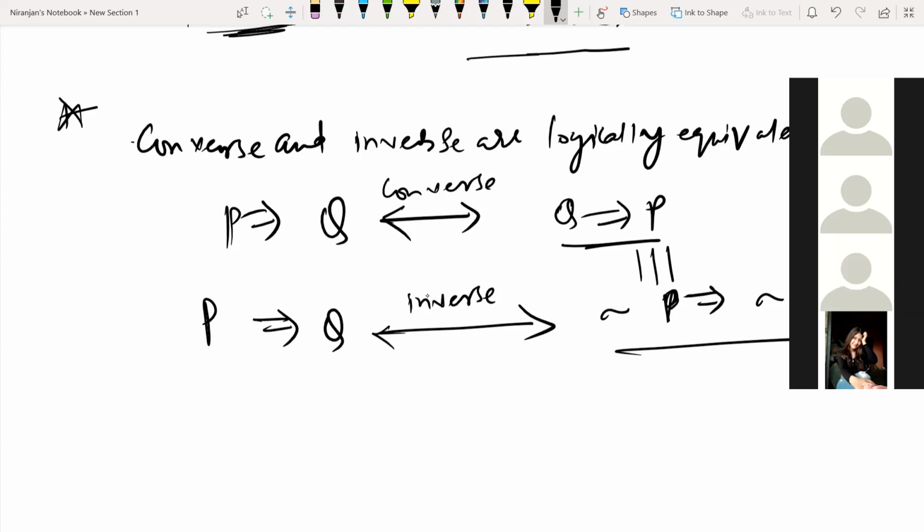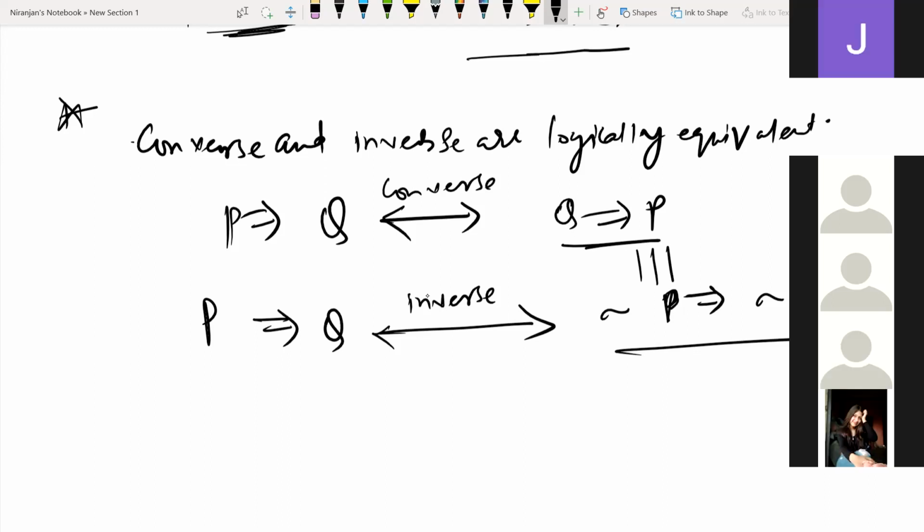Sir, repeat the question. Are you fully aware now? Yes, sir. Okay, I am asking why you think converse and inverse are logically equivalent for a conditional. I am saying you need to think about this intuitively, that your intuition must tell you that Q implies P and negation of P implies negation of Q are going to be logically equivalent.